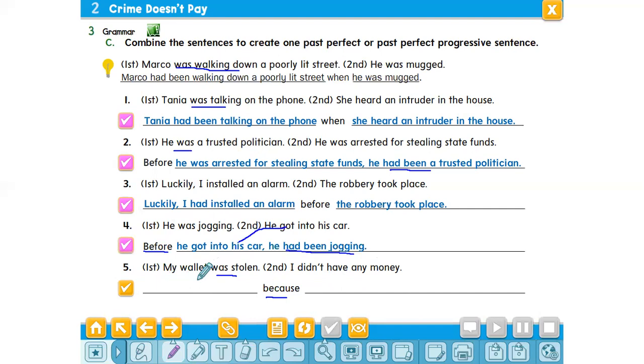Because my wallet was stolen. Okay? So, I didn't have any money. Why? Because my wallet had been stolen. Clear? You get it? Okay.